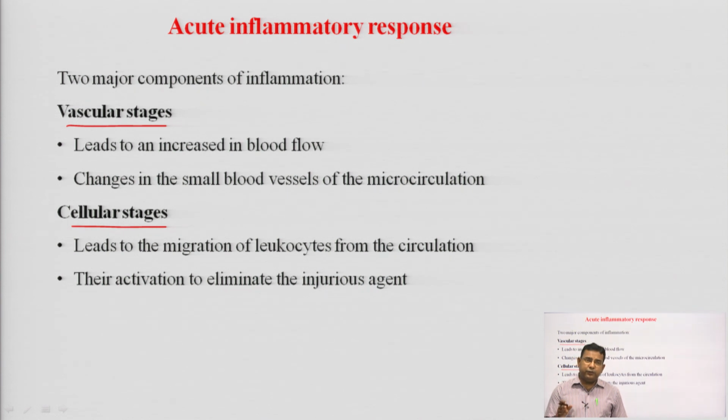The leukocytes, the WBCs, are our defense factors. Leukocytes will come out of the blood vessels into the interstitial space, and they will be activated to eliminate the injurious agents, which are actually antigens that have come from outside our body, or inside our body, damaged cells from necrosed cells are also injurious agents.